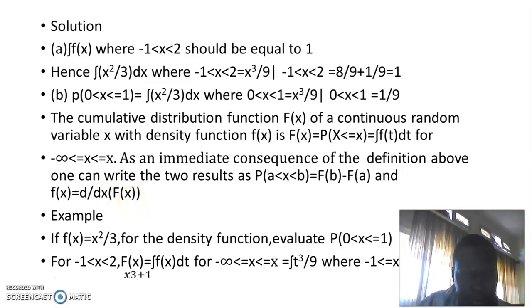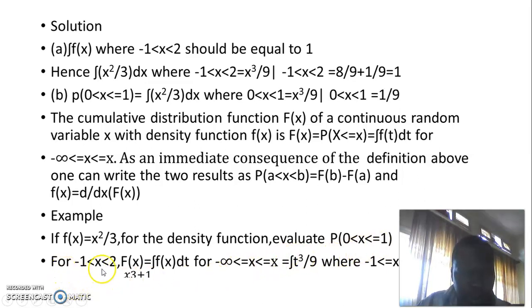As we can see, when you are going back to get the probability distribution, you have to differentiate the cumulative distribution function. For example, if f of x is equal to x squared over 3 for the density function, evaluate the probability of x between 0 and 1.